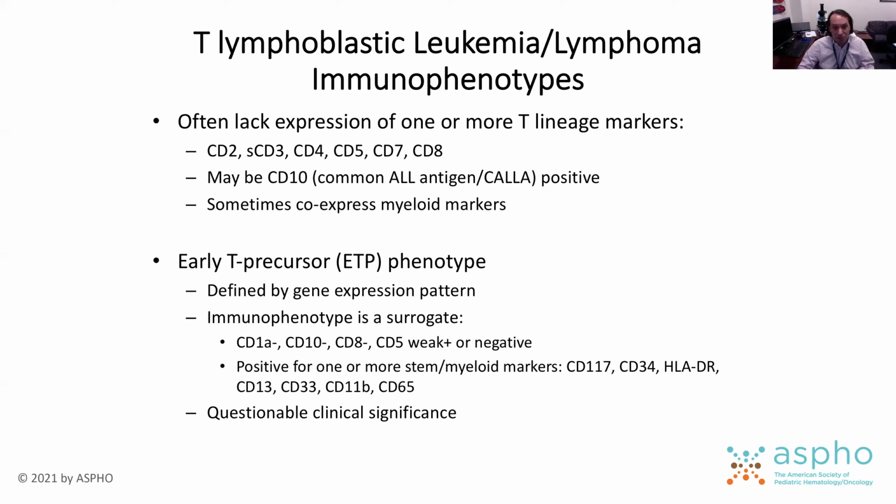But in other cases, one also sees a phenotype that's sort of a hybrid between a myeloid and a T lymphoid phenotype. This phenotype we've come to regard as an early T precursor phenotype. It was originally defined by a gene expression pattern, but an immunophenotype is a surrogate.